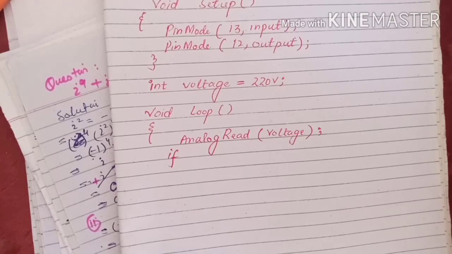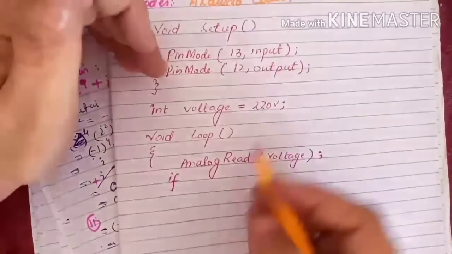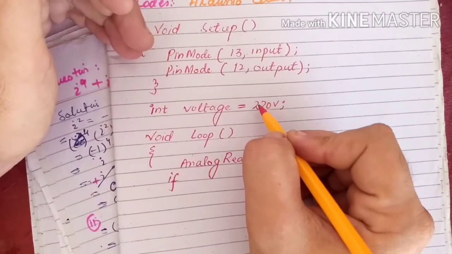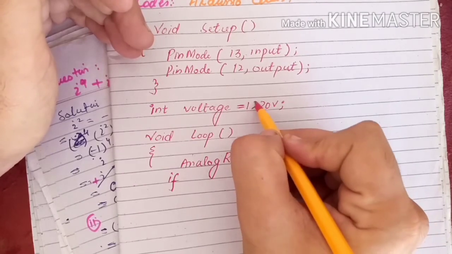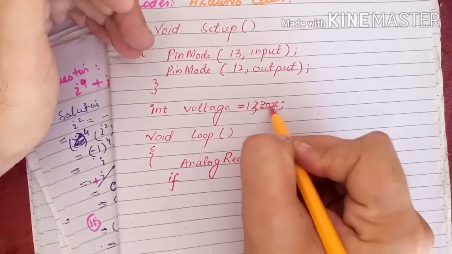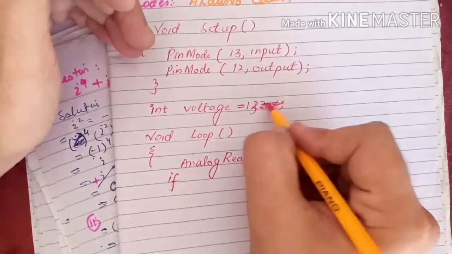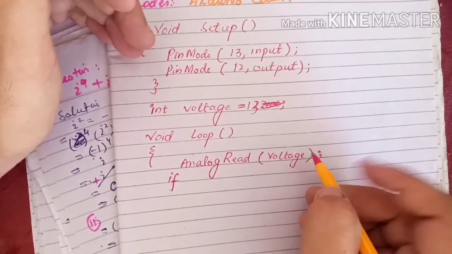Now we are going to write the if. After if, you have to decide how many volts. Now first we need a connection: pin 13 is input, we connect it for input voltage.